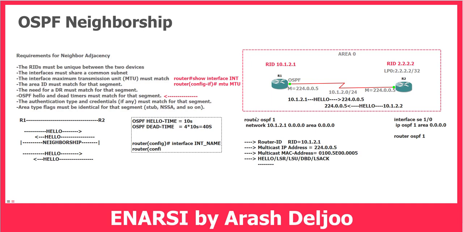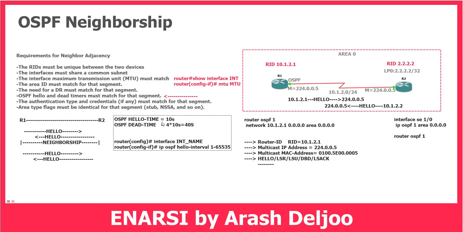In router config-if we use ip ospf hello-interval, which means we are changing the hello interval for OSPF. ip ospf hello-interval takes a value between 1 and 65,535. As you know, here we configure the value in seconds, 1 second, 2 seconds. The default is 10 seconds.